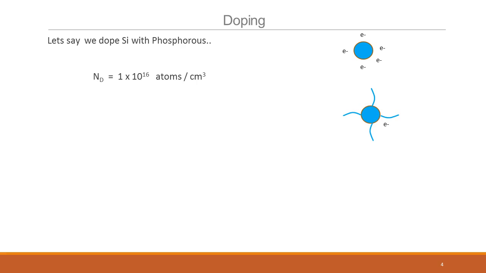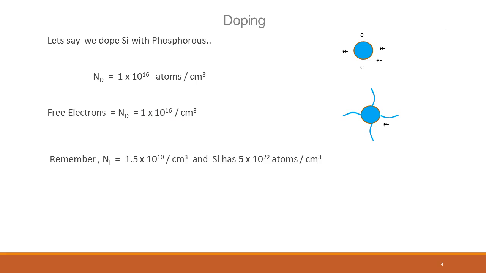So we are doping 6 orders of magnitude lower than the density of the silicon atoms. In the previous example, it was 1/100th the number of people who had higher paying jobs. Here it's even smaller, 1 million times smaller. But each of these phosphorus atoms will form 4 covalent bonds, as we've seen before, and has 1 free electron. Since each one gives 1 free electron, the total number of free electrons now becomes 10^16 per centimeter cube.